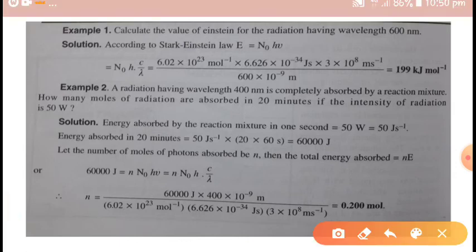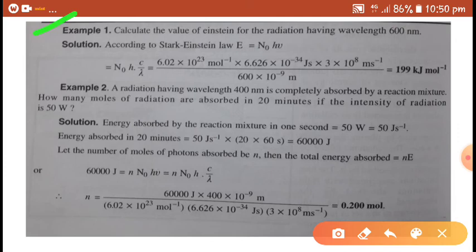So the first one is: calculate the value of Einstein for the radiation having wavelength 600 nanometers. Einstein means N h nu.